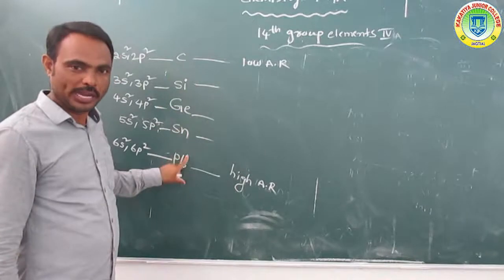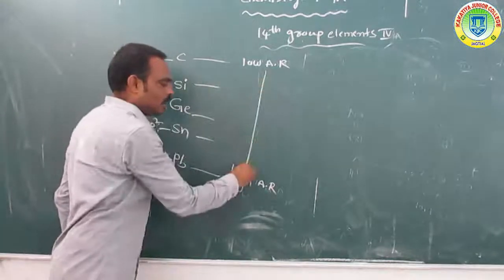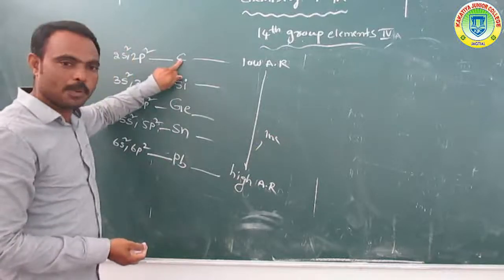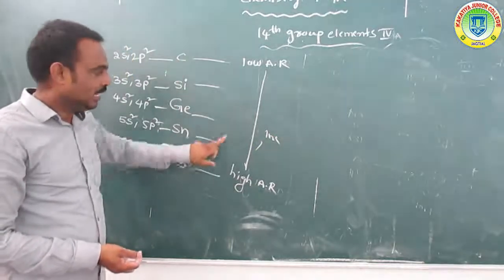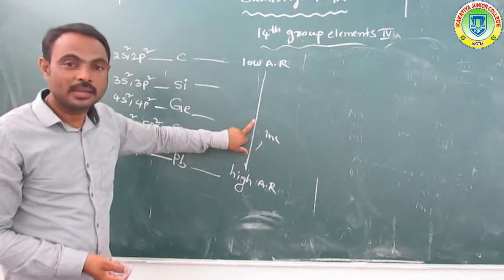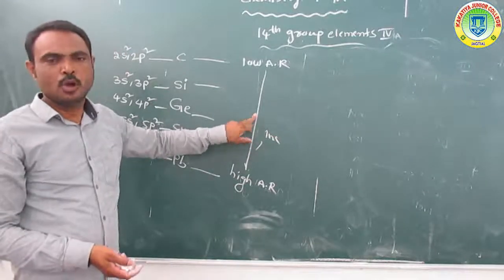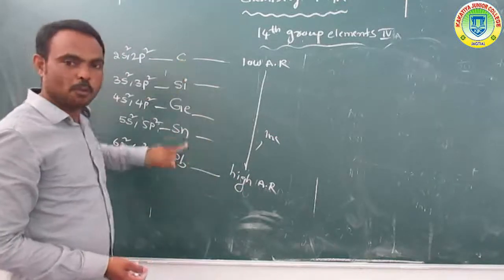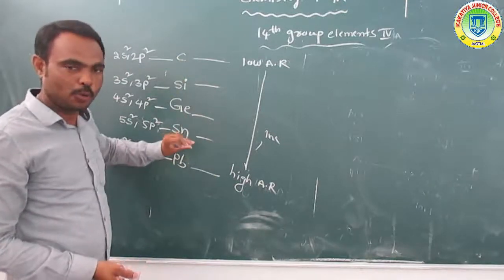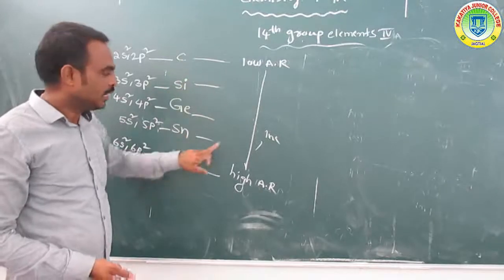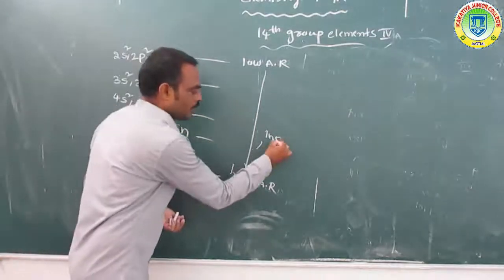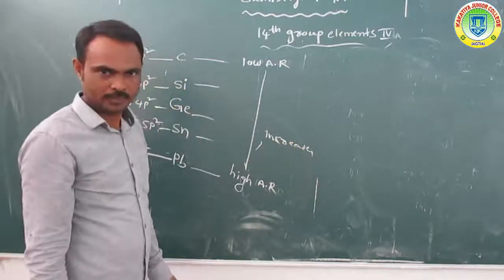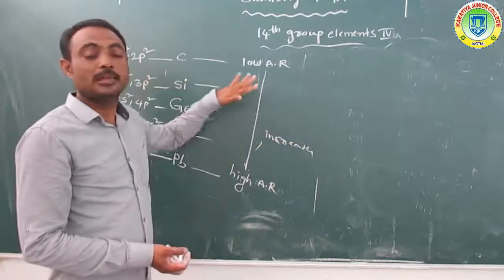From carbon to lead, the atomic radius values increase. Overall, in a group from top to bottom, the atomic radius values increase.